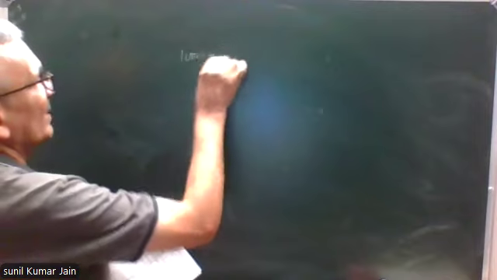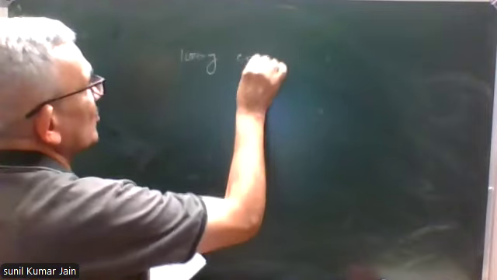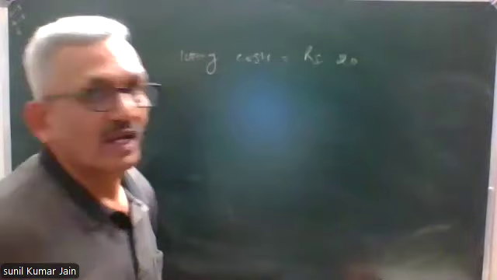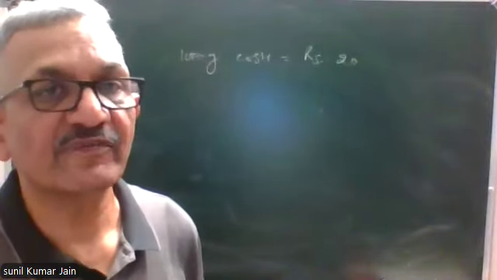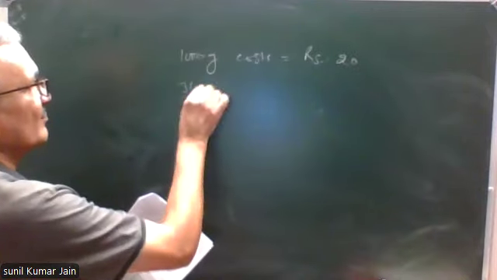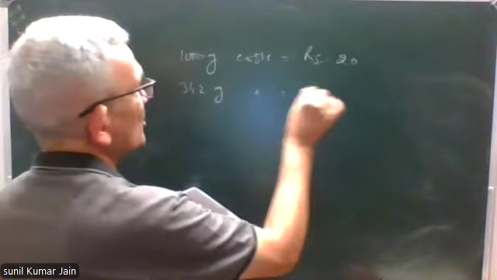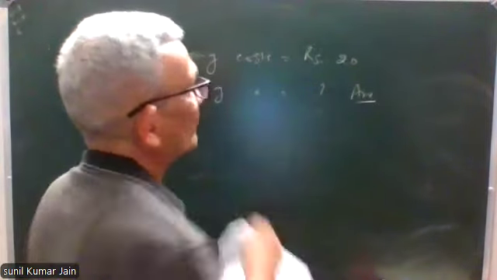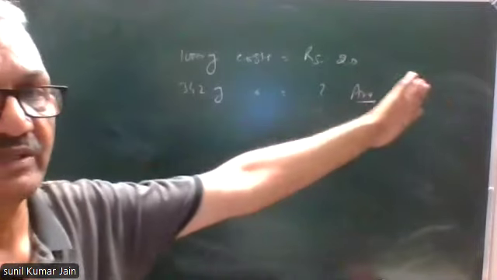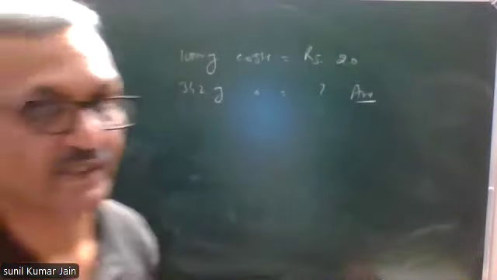It means 1000 grams costs rupees 20. 1 mole means 342 grams. So 342 grams costs how much? That will be your answer. So 20 divided by 1000 multiplied by 342, unitary method.